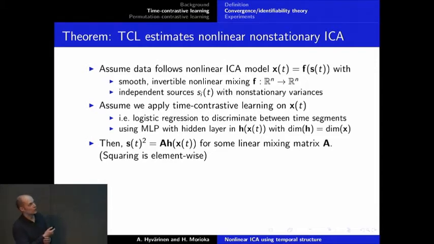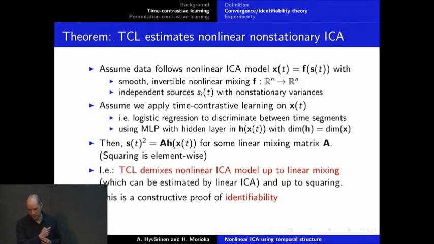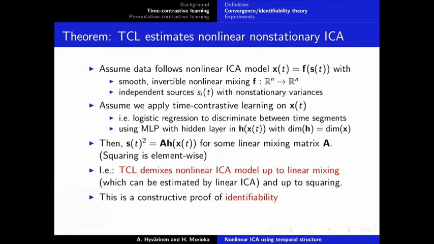We can prove that the squares of the independent components are equal to some unknown linear transformation of the outputs of the last hidden layer, where the squaring is simply element-wise. So basically what that means is that TCL demixes the nonlinear ICA model up to some unknown linear mixing and up to the squaring here.